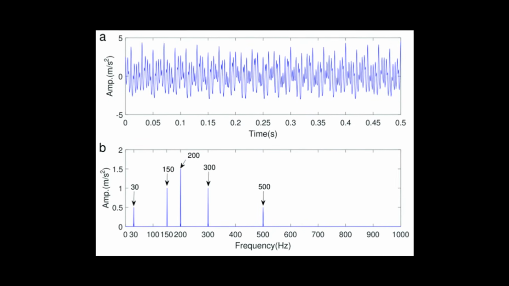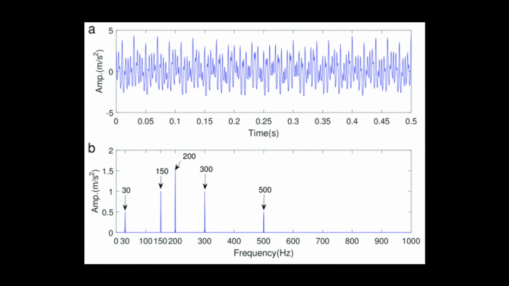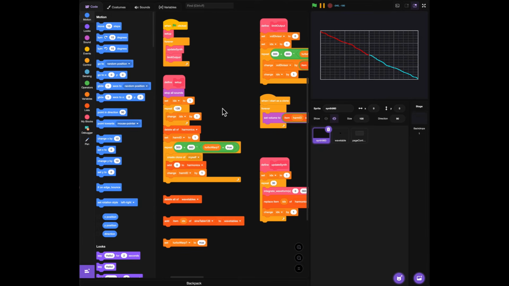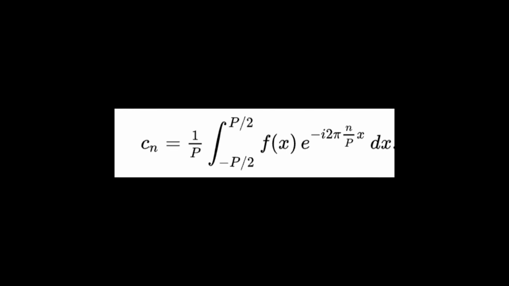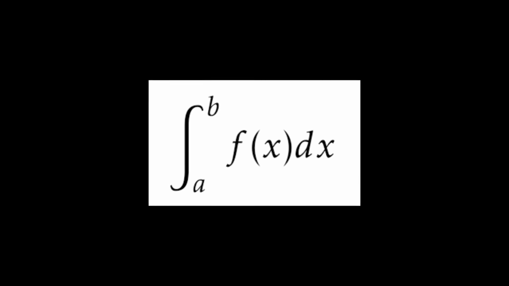Alright, let's try to build a prototype in Scratch. Oh, you already built a whole wavetable synthesizer. Well, anyway, let's take a look at how I made the Fourier transform in Scratch. So, you might have already noticed that the Fourier transform is not a simple equation. It requires an integration.